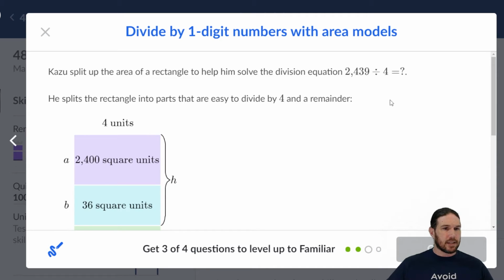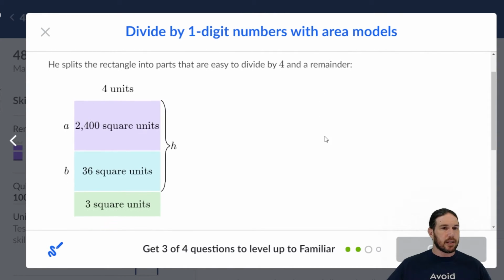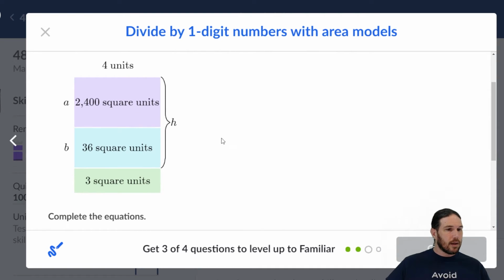All right, up next. Kazu split up the area of a rectangle to help him solve the division equation 2,439 divided by 4. He splits the rectangle into parts that are easy to divide by 4 and a remainder. We do have these last 3 square units, which won't fit, it looks like. So let's see here.